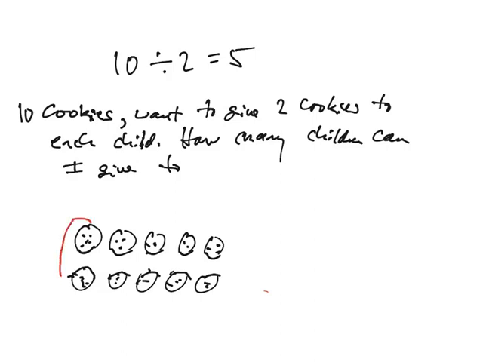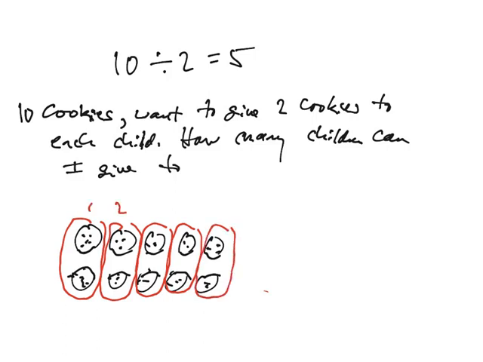So that one, the picture would look more like this. 2 to this kid, 2 to this kid, 2 to this kid, 2 to this kid, and 2 to this kid. And the answer is still 5. But it's a different way of thinking about it.